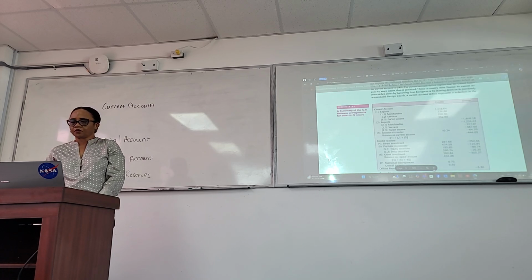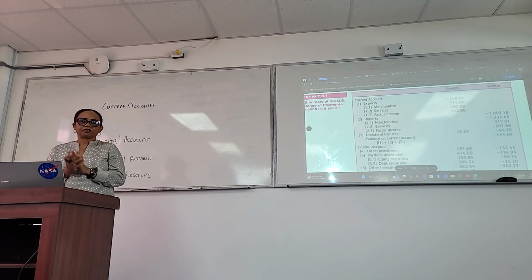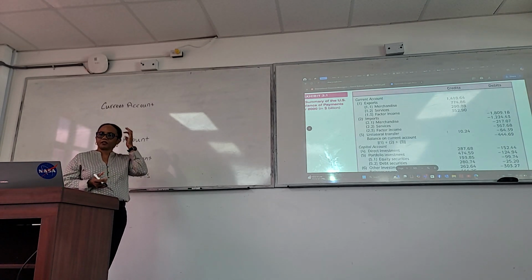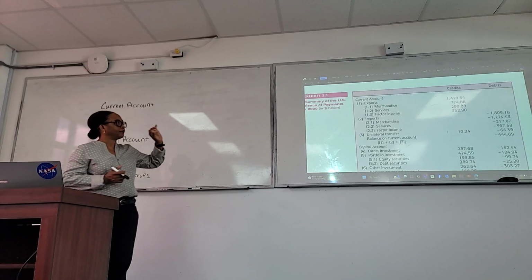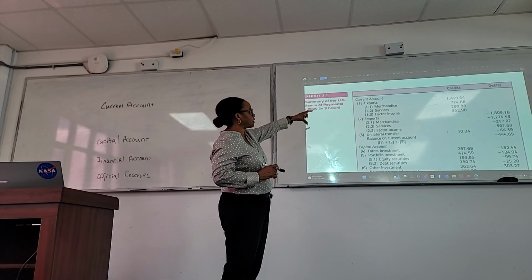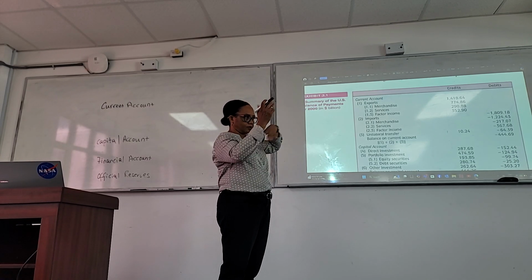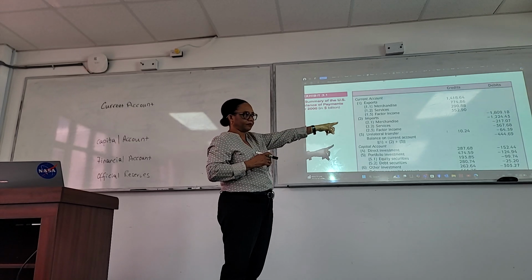So this is a summary of the U.S. balance of payments for 2000, and you can see under the exports, money coming in, that's a credit.